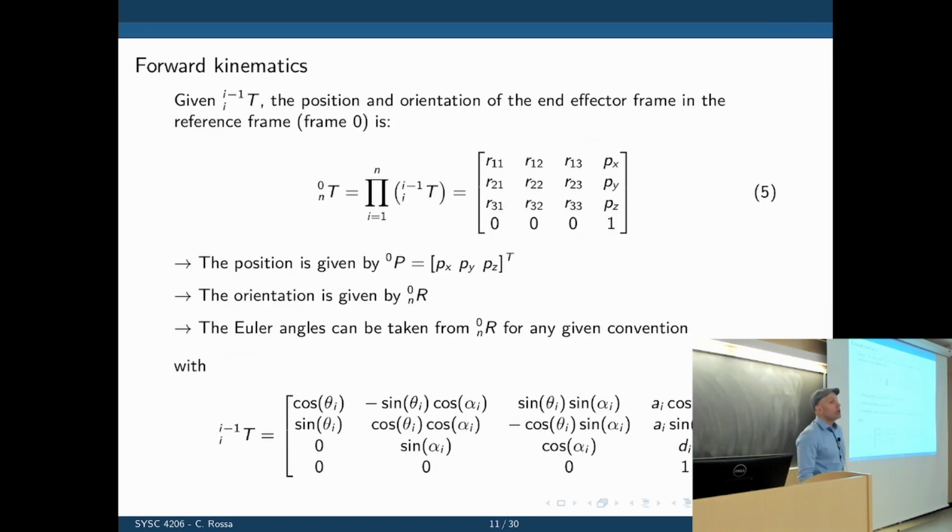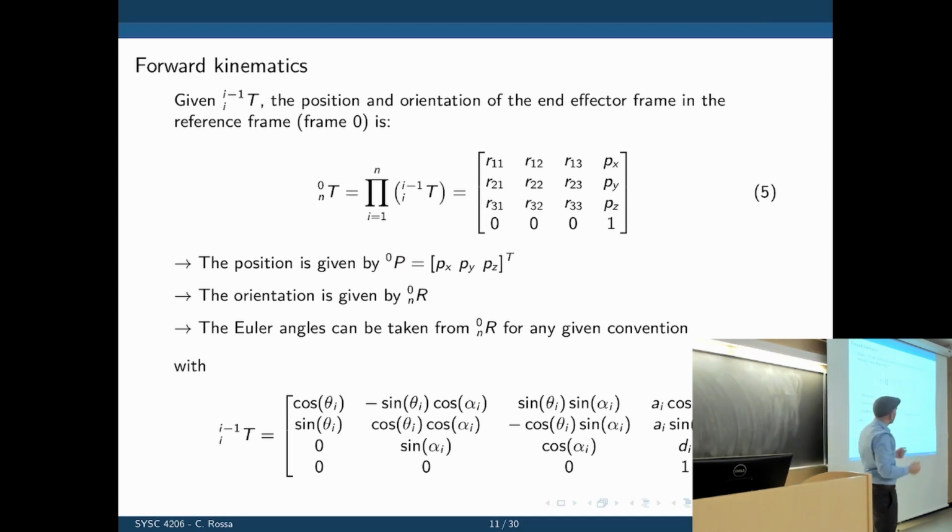Well, now we can calculate the orientation of the third frame with respect to the first frame. How do we do that? We simply multiply the rotation matrix of frame 3 with respect to frame 2, with respect to frame 1, with respect to frame 0. Multiply everything in cascade.